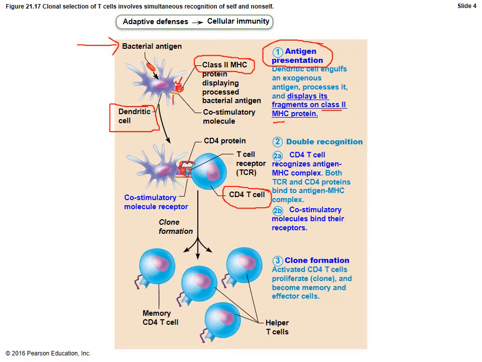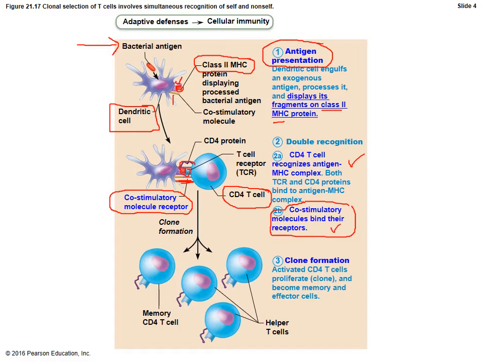And in addition to that, once we have our double recognition, we also need to have a co-stimulatory molecule. So you can see the little receptor interacting right here, almost forming like a little bridge format. That's our co-stimulatory molecule receptor.